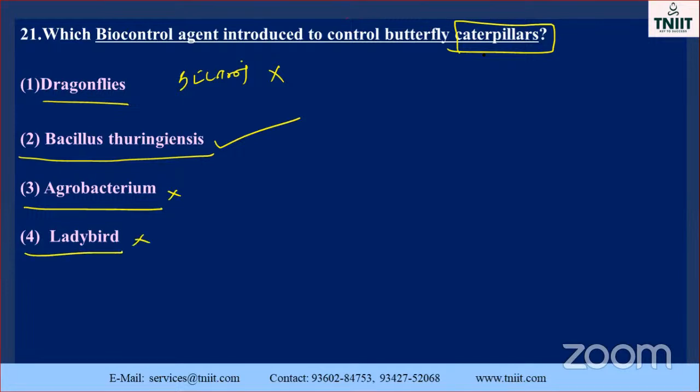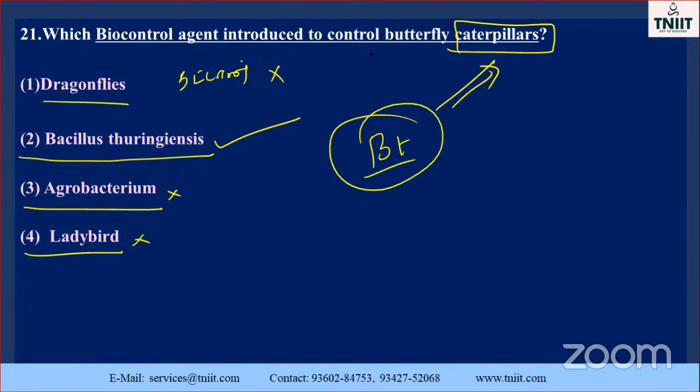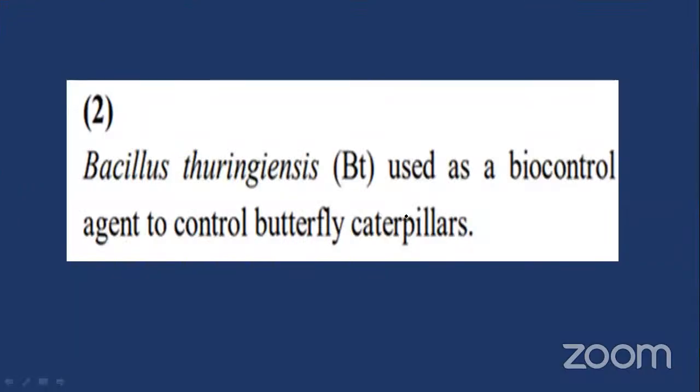Ladybird will not come. The caterpillars are controlled by the biocontrol agent called Bacillus thuringiensis, BT. Very, very important. It is a biocontrol agent to control butterfly caterpillars. Don't forget, my dear students.